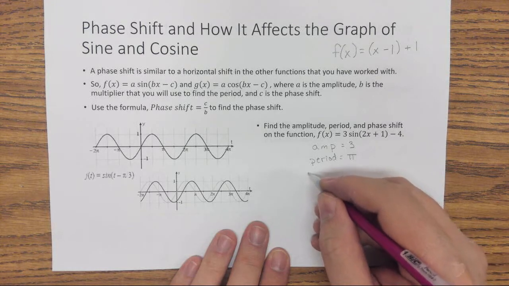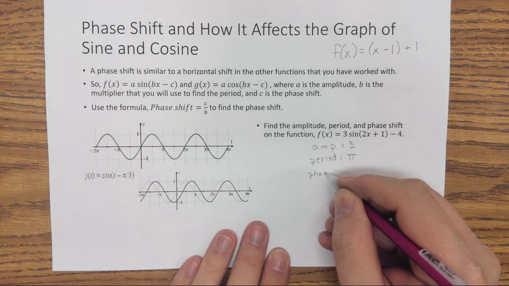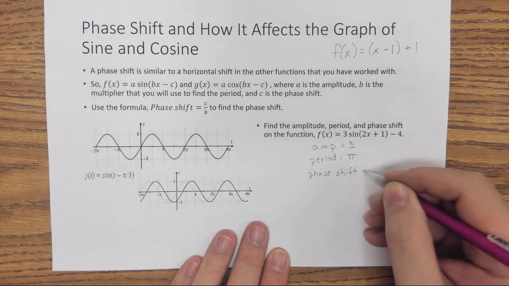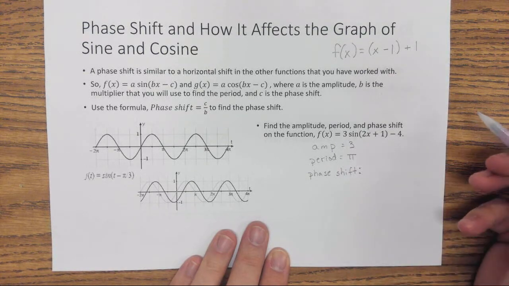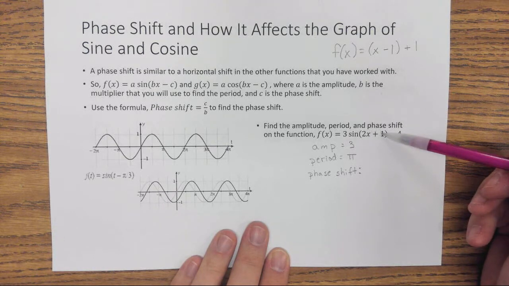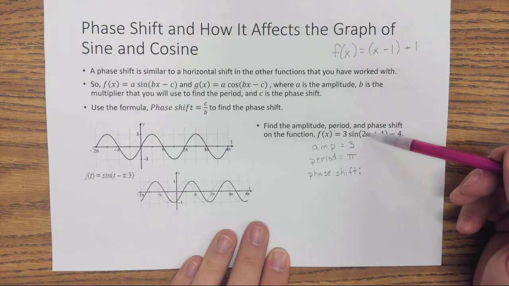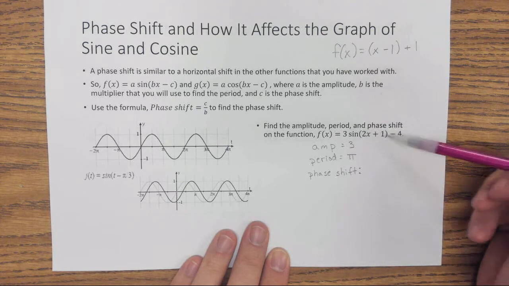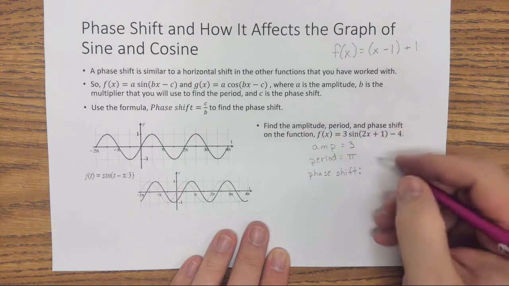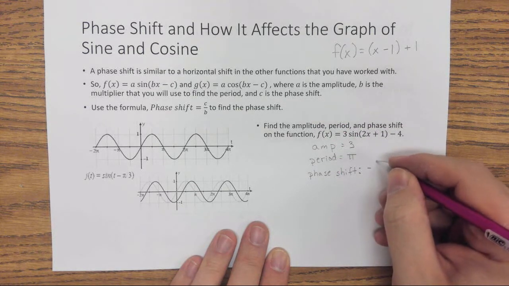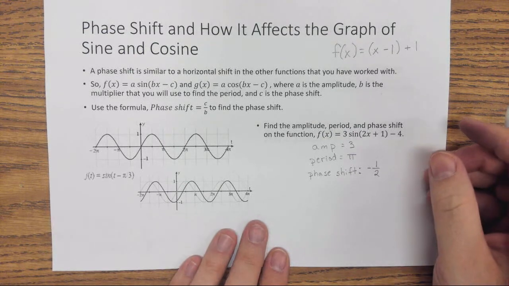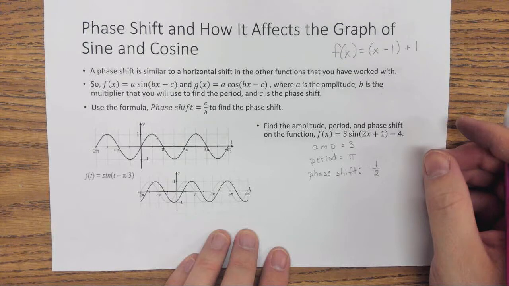Now the phase shift, we need to take our c value, divide by 2. Remember here, because we're adding 1, our c value is going to be -1. So our phase shift is -1 over 2.